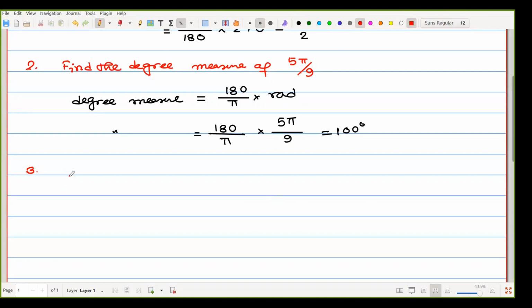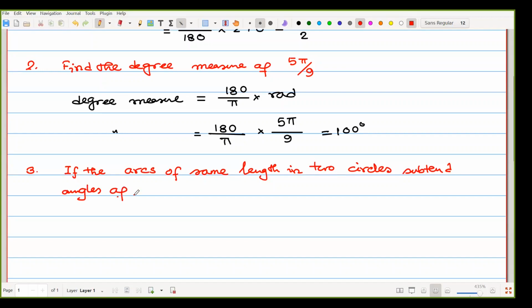If arcs of the same length in two circles, that means the two circles have the same diameter or radius, you may say, in two circles subtend angles of 60 degree and 75 degree at their centers.